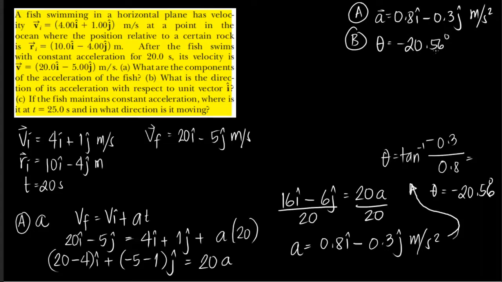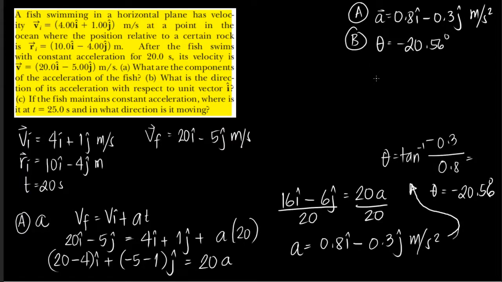Because in my source, it said the answer is 339 degrees. Which is good because I checked, no? The book says 339. So, I checked, 360 minus 20.56 actually gives me 339.44, which is still okay. So, our answer is the same, still the same procedures. It is just a different presentation, no?